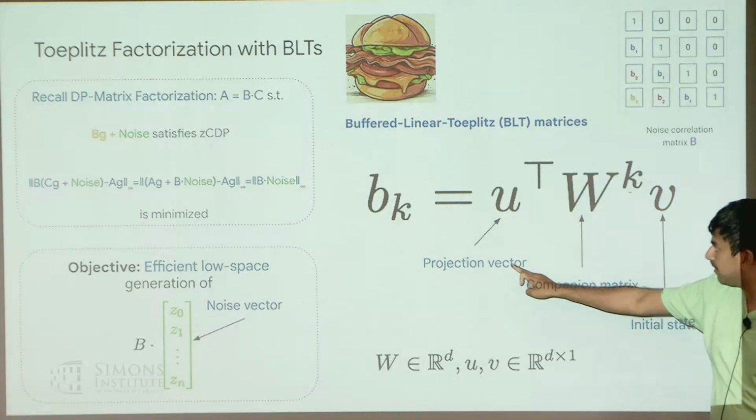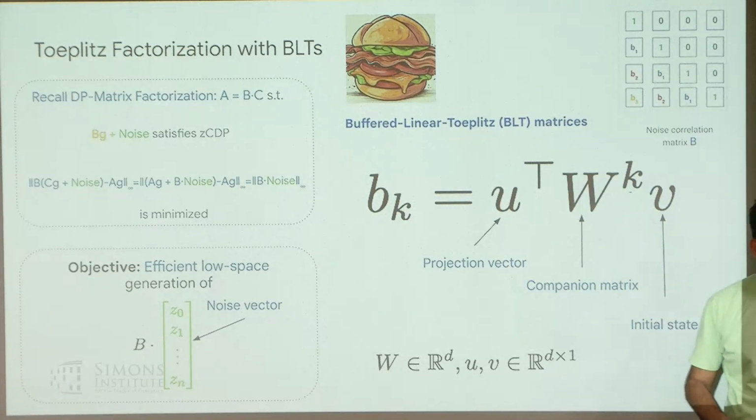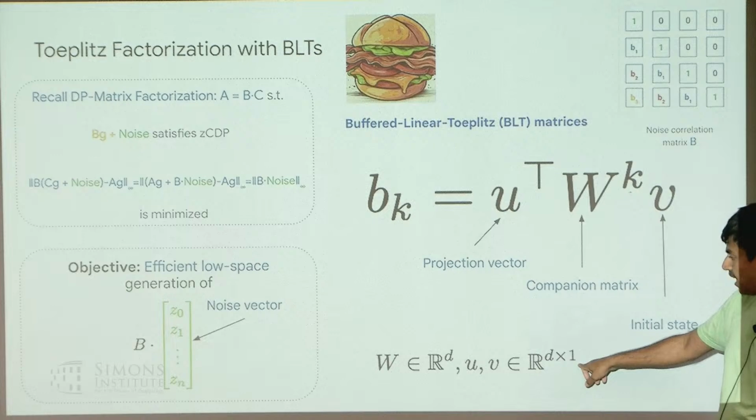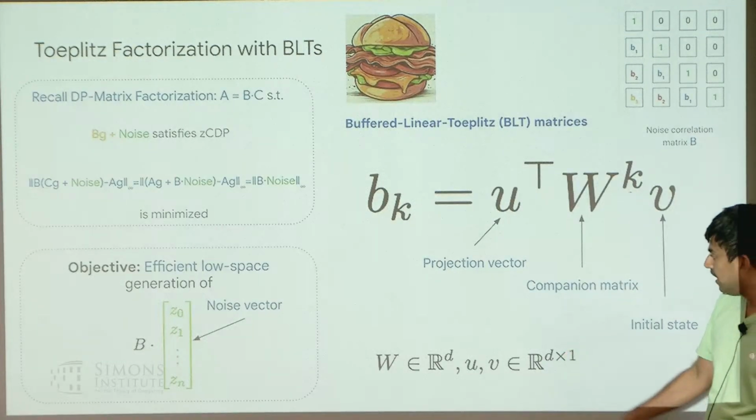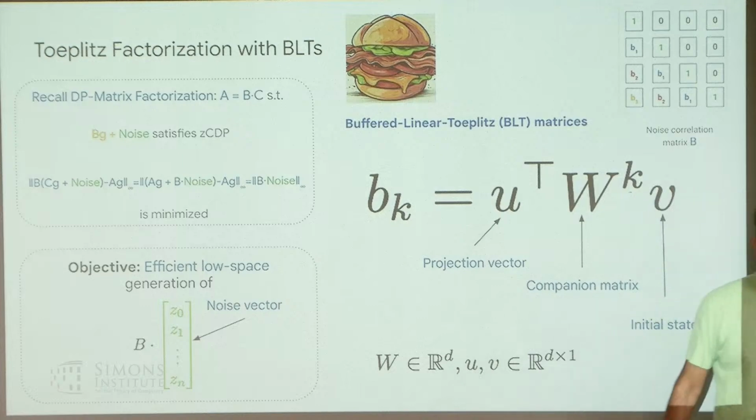W is what is called the companion matrix. It is a very standard term, and it will be obvious why it's called companion matrix. And V is the initial state on which you are operating. For dimensionality, U and V are vectors in R^D, and W is a matrix in R^(D×D). There is one D missing here. Okay. So I will restrict myself to this set now.